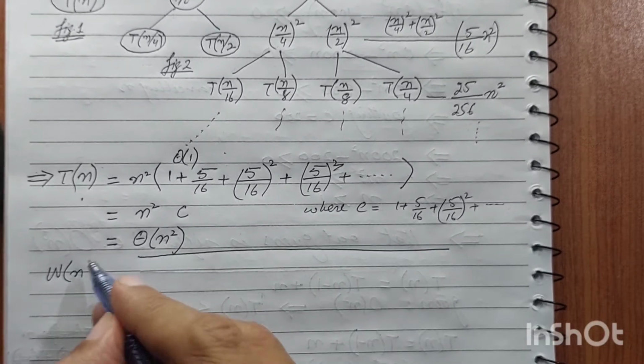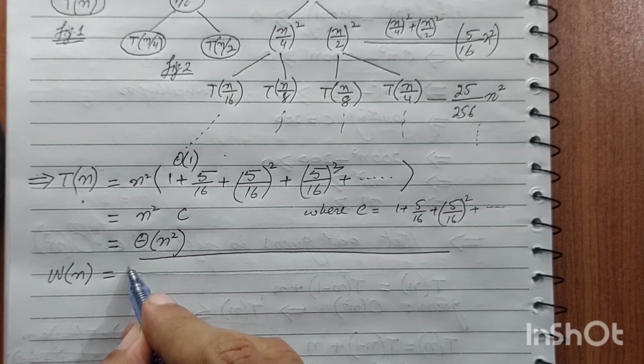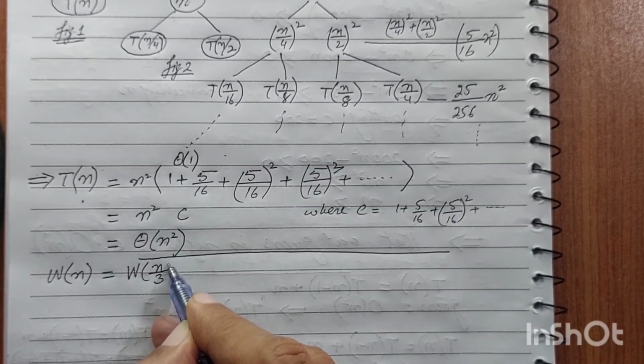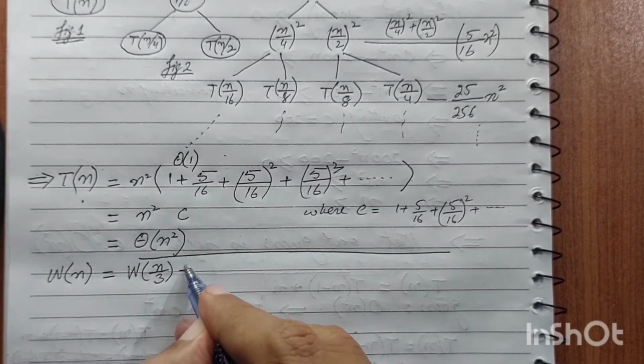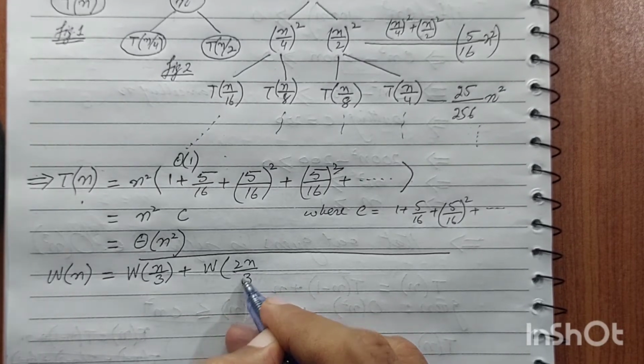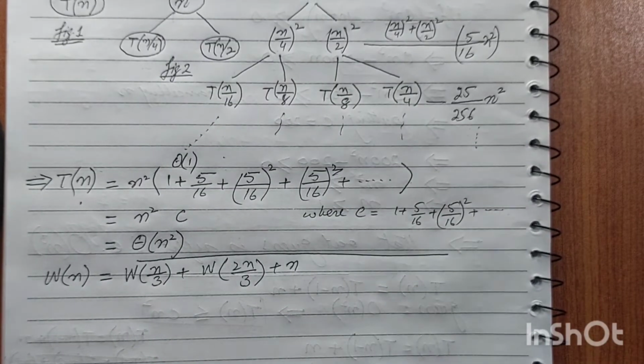Let's take another simple example in a quick way. Let's say our equation is w of n is equal to w of n by 3 plus w of 2n by 3 plus n.